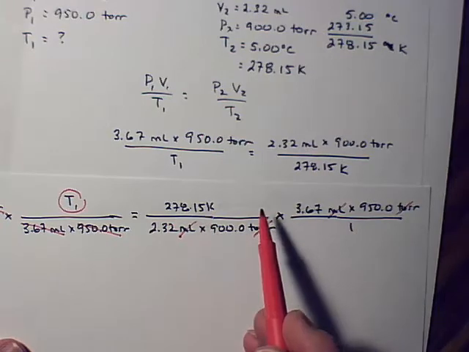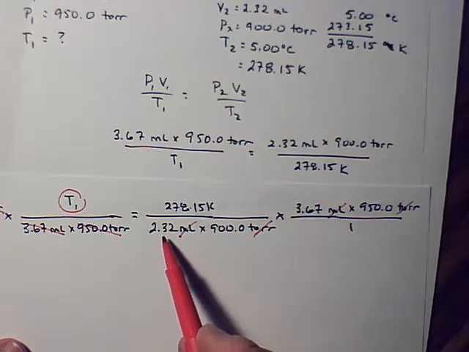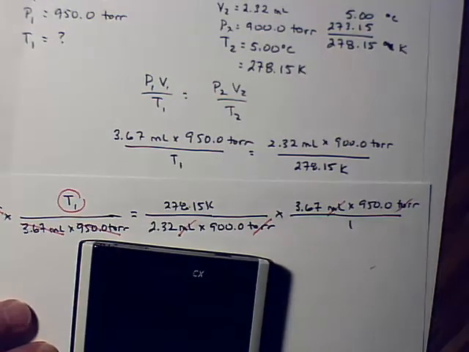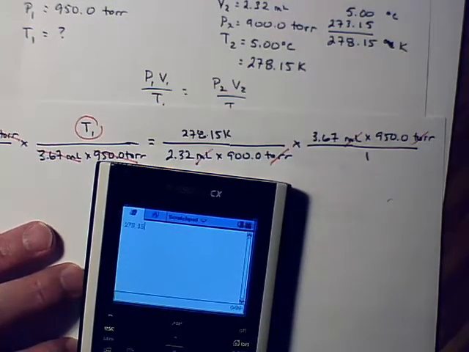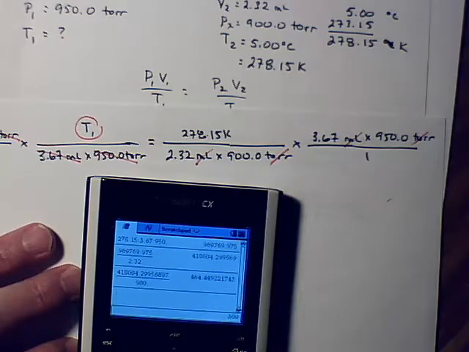Now I can put it in the calculator. This number times this number times this number, hit equals, or enter, divide by this number, hit enter, and divide by this number, hit enter. So 278.15 times 3.67 times 950.0, hit enter, then divide by 2.32, enter, and then divide by 900.0 and hit enter.